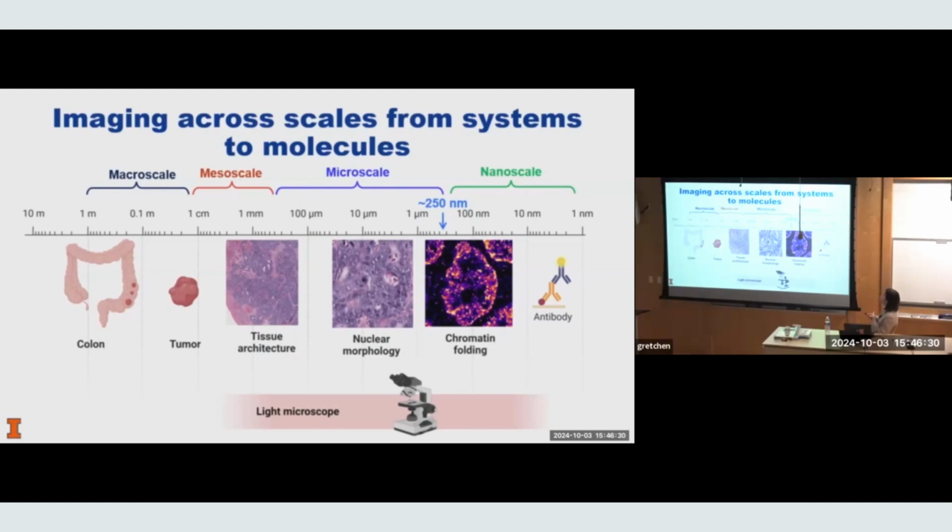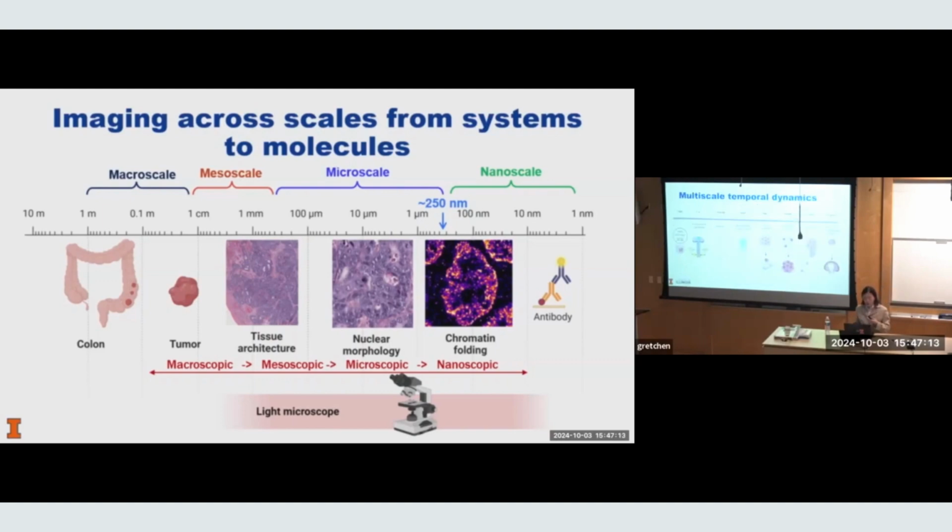In the case of tumors and early cancer detection, we look at cell-cell interactions and tissue microenvironment at the mesoscale, morphological changes of nuclear architecture at the microscopic scale, and molecular changes at the nanoscale. Every single scale is very important. One of our goals is to develop an all-in-one system connecting all different length scales, all done on the same piece of tissue.